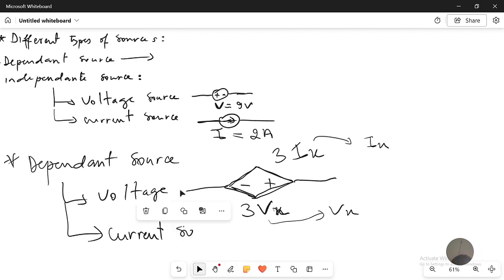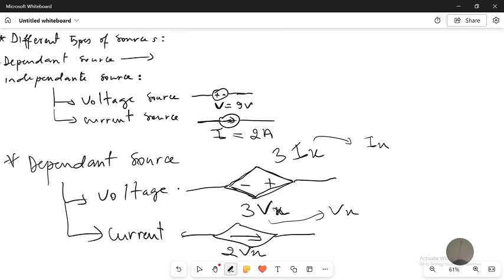I can also have a current source, which has the notation of this one. Same thing. It can be 2Vx, meaning that it's going to be a voltage dependent current source because it depends on a voltage Vx.